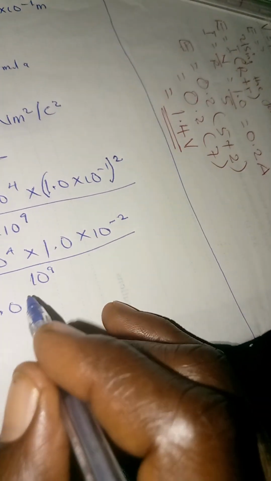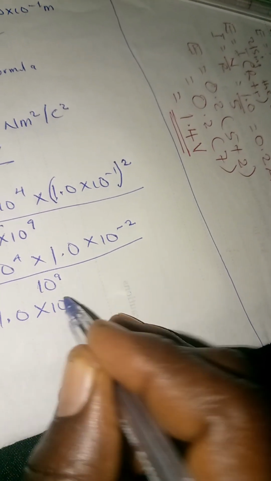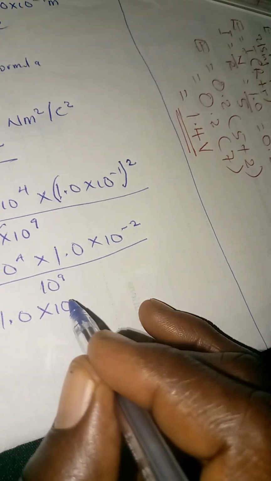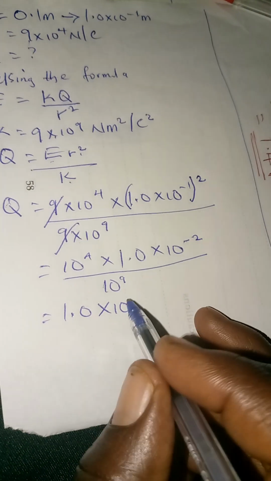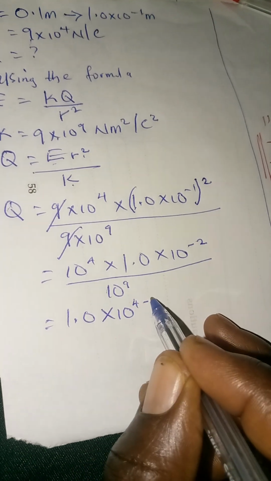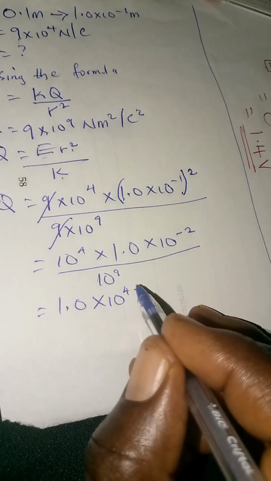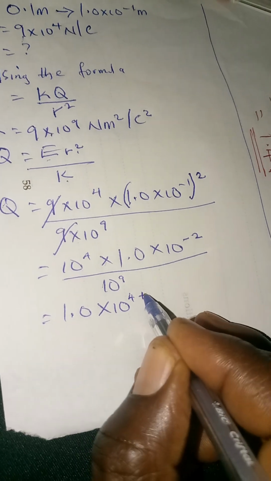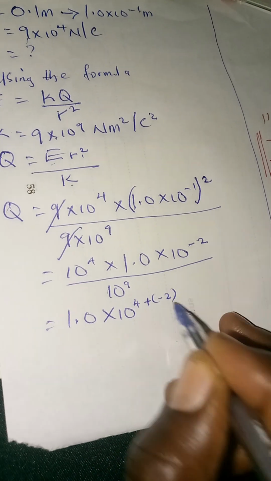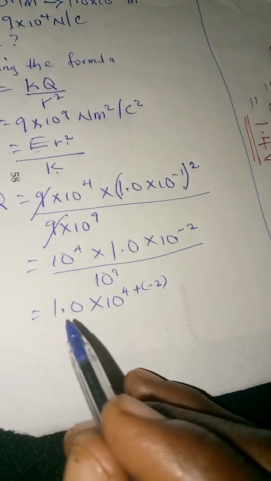So that will be equivalent to times 10, picking one base. The base is 10, raised to power 4 minus... now multiplication law says plus, so I add plus to minus 2. I'm trying to break down so you get me well.